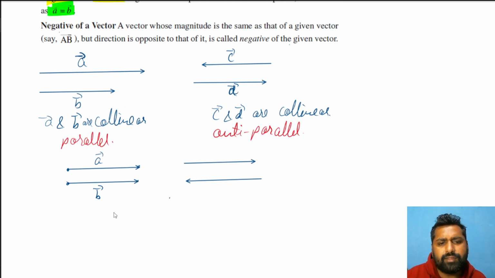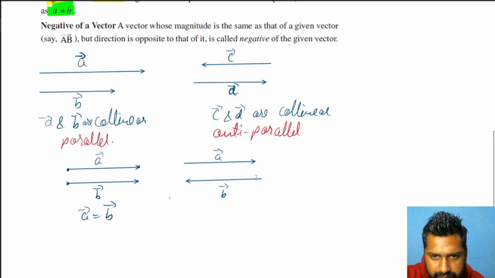Now they have the same length and same direction, so in this case a vector and b vector are equal. Now this time, a vector, b vector, the length may be equal, but the directions are opposite.